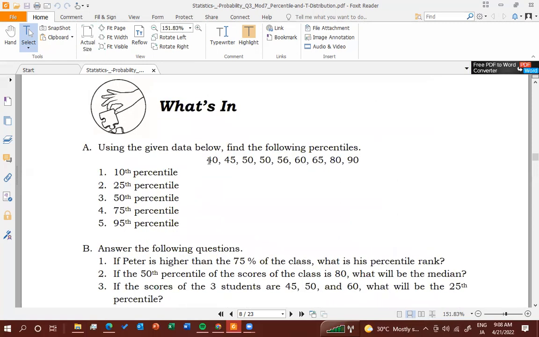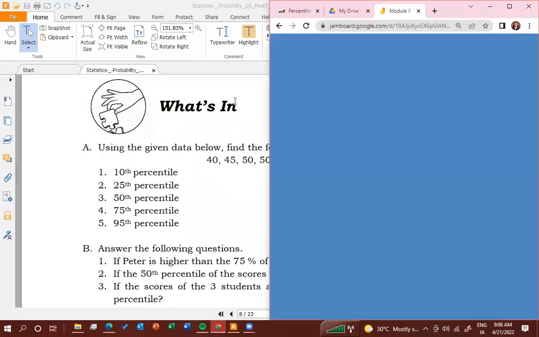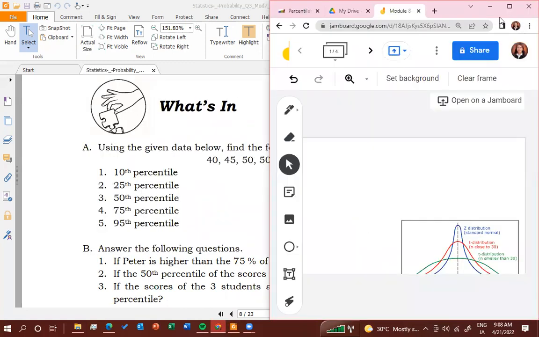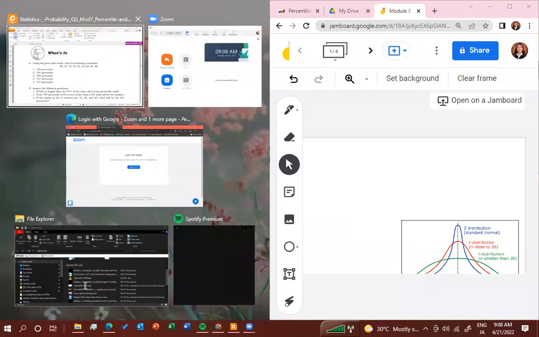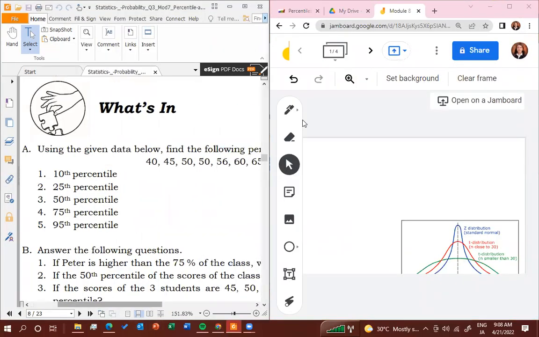Let's look at this example. Using the given data below, 1, 2, 3, 4, 5, 6, 7, 8, 9, find the following percentiles. We need to recall the formula for the percentile rank.